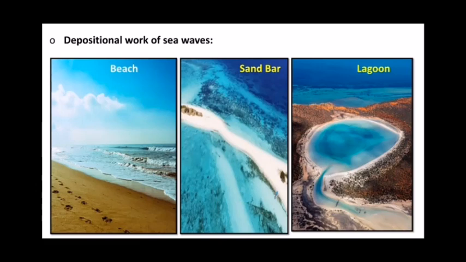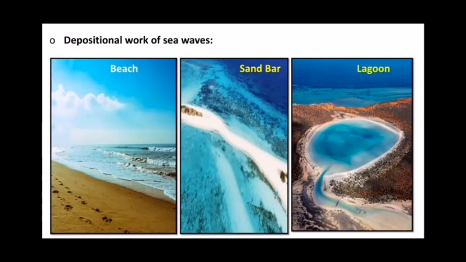Second picture, we have the sandbar. You can see that there is water everywhere, but only a tiny segment of it is above the water. That is where the material is deposited because of the waves or the high tide or low tide.